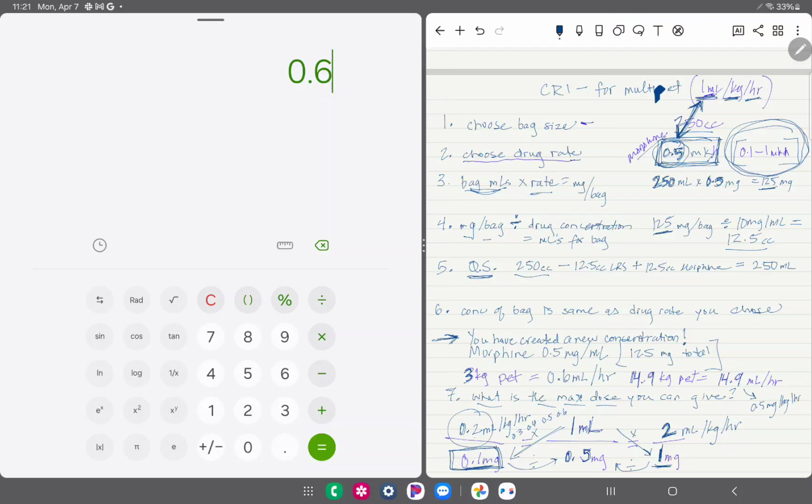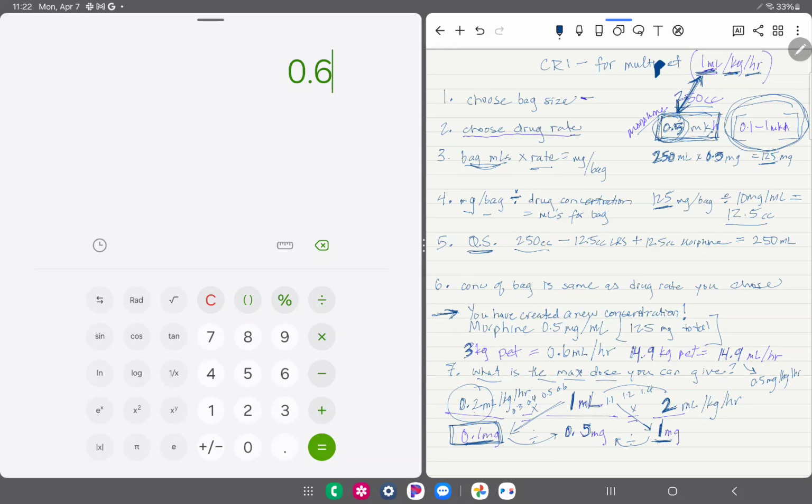You get the point. There's also lots of numbers between 1 and 2. So I don't have to run him just at 0.2 mL per kg per hour. I don't have to run him just at 1 mL per kg per hour. No. I do 1.1, 1.2, 1.4. There's lots of numbers in between. So that would be how you do it for a multi-pet.